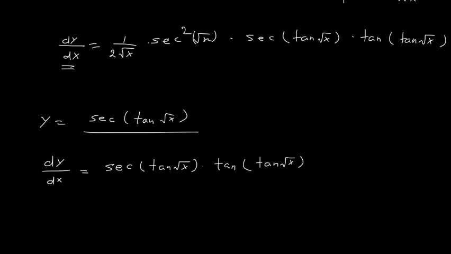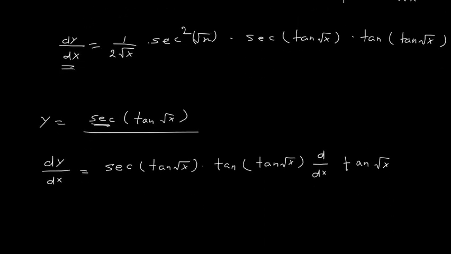Now you differentiated this outer part. Then what you have to differentiate? You have to differentiate this inner part tan. You can write this as dy dx of tan of root x, or directly you can put the value of the derivative of tan root x.